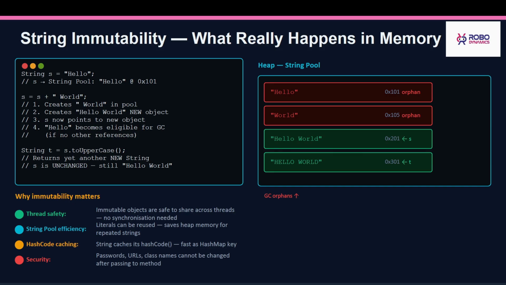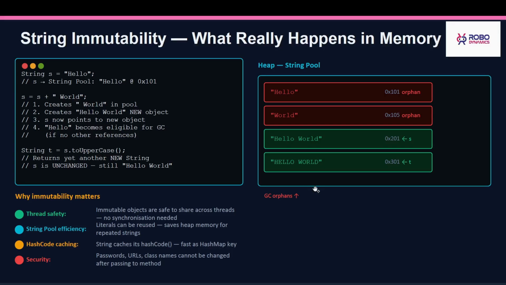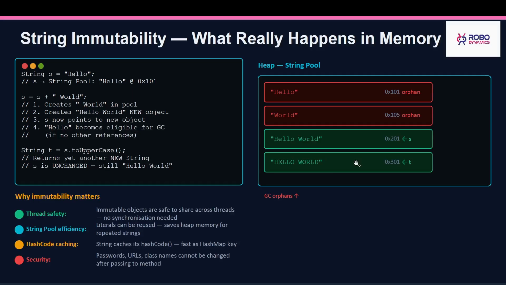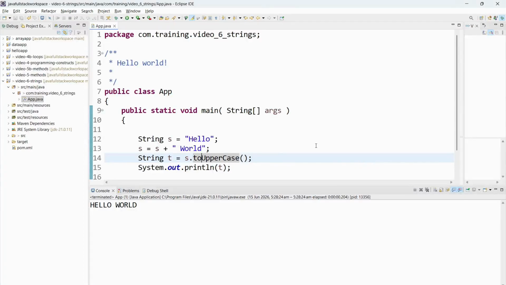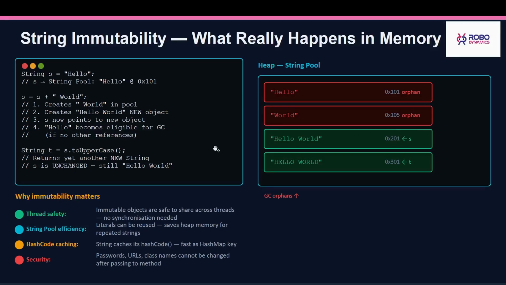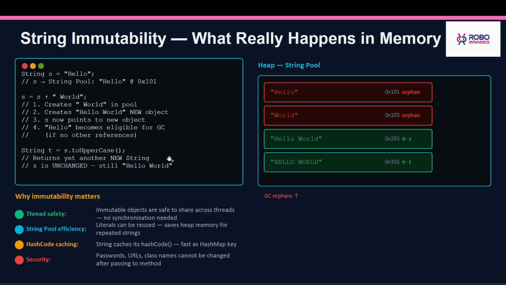That's how it works. Now when you convert s to uppercase, a new literal gets created inside the string pool called "HELLO WORLD". So in these 4 lines of code, the first two objects, "hello" and "world", went to garbage collection, and the two variables s and t, at addresses 0x201 and 0x301, remained.